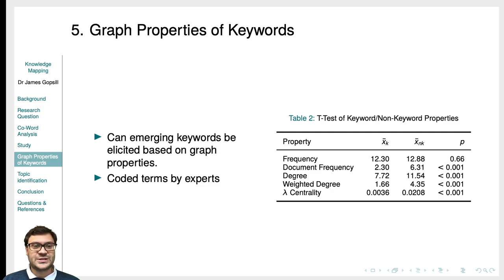And what we found is that the graph properties were statistically significant in being able to distinguish between a word or a bigram that was key or non-key to an expert, or what they would consider useful for identifying topics and knowledge within the corpus.